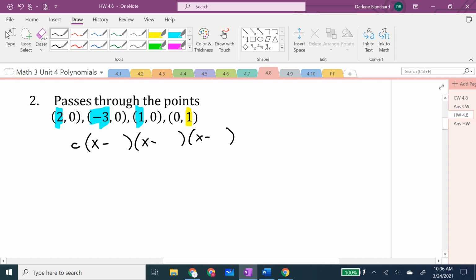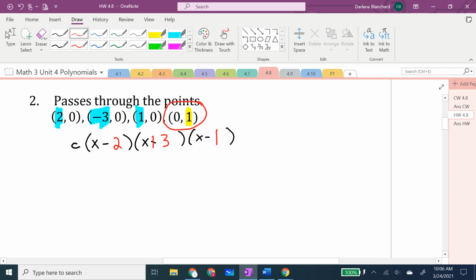The x-intercepts are the roots. They are the zeros. So I have 3 of them. So I have x minus 2, x minus negative 3 turns into x plus 3, and x minus 1.